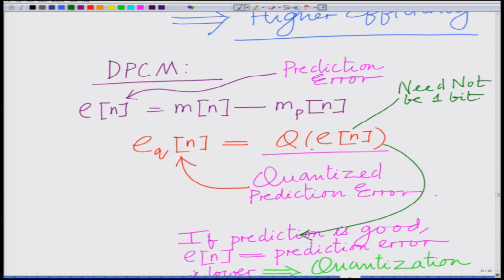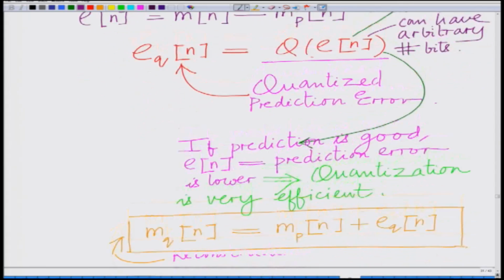So this q can have an arbitrary number of bits.